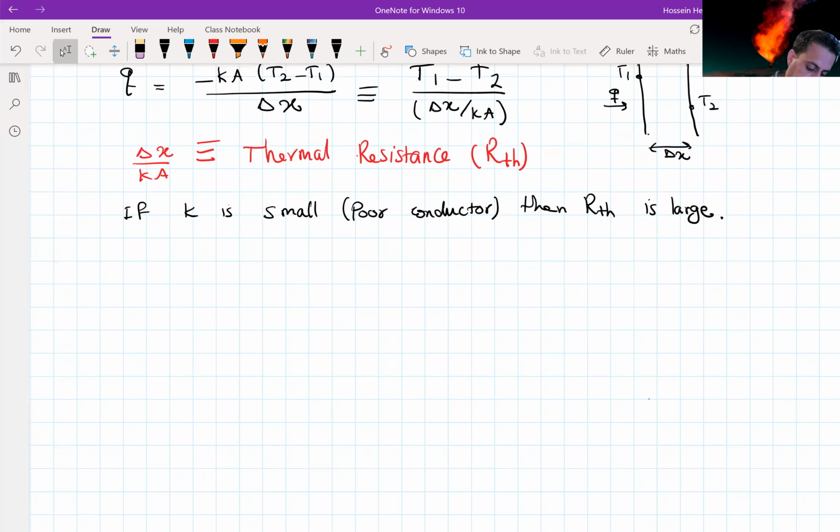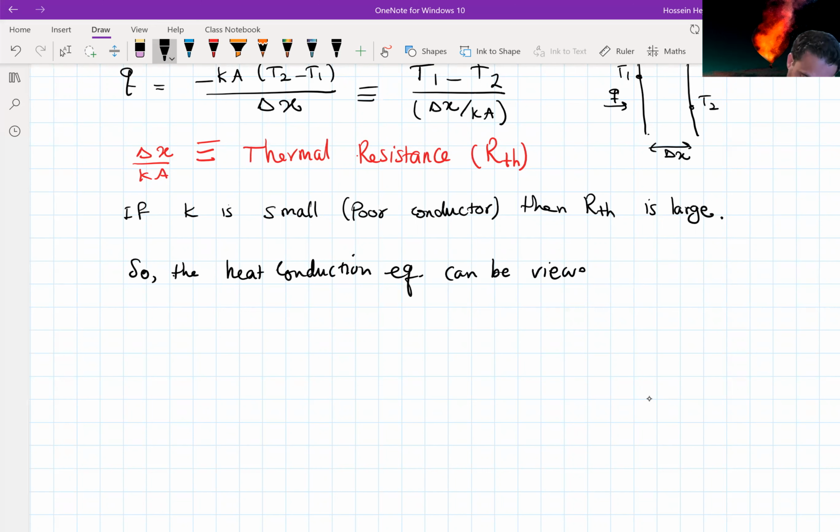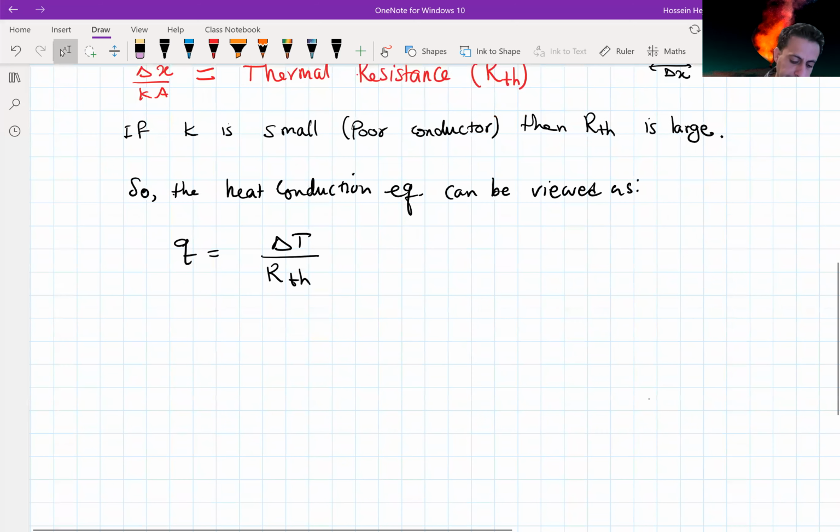So we can view the conduction equation as Q equals delta T divided by R_TH.